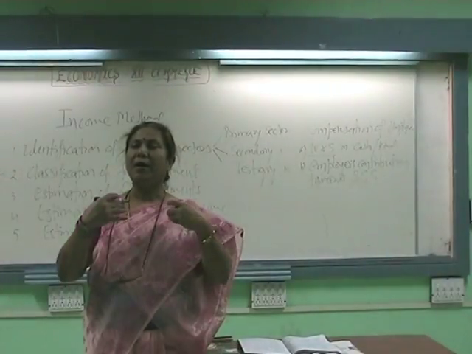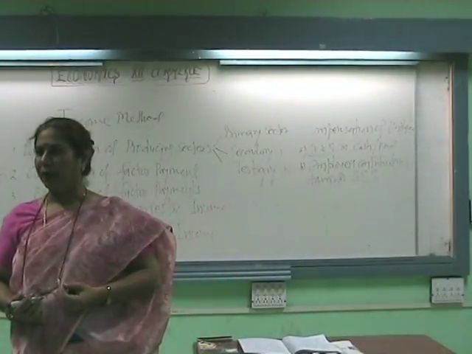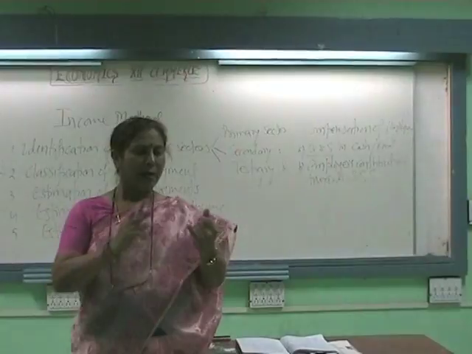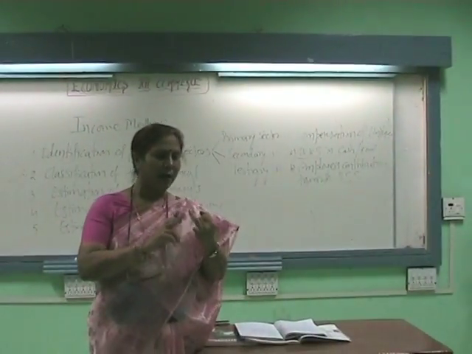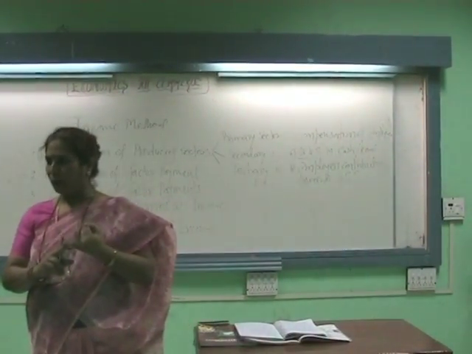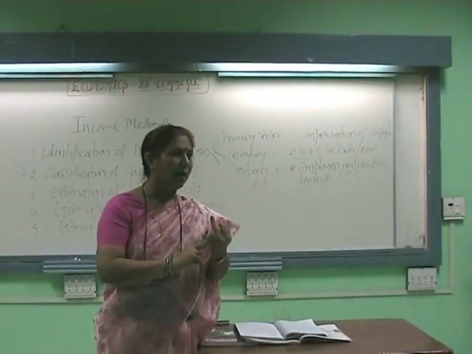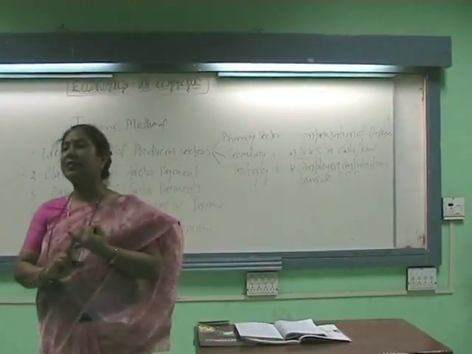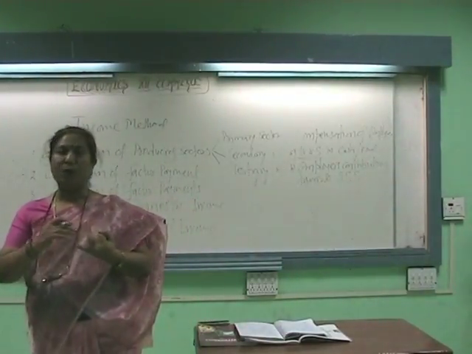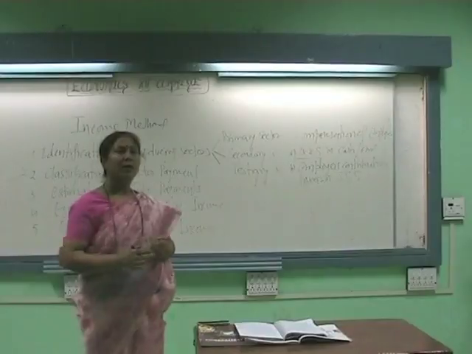Now who is receiving this? Households. The landlord is getting rent, the capitalist is getting interest, laborers are getting wages and salaries, or we call it compensation of employees, and the producer gets profit. So from their side it is factor income.